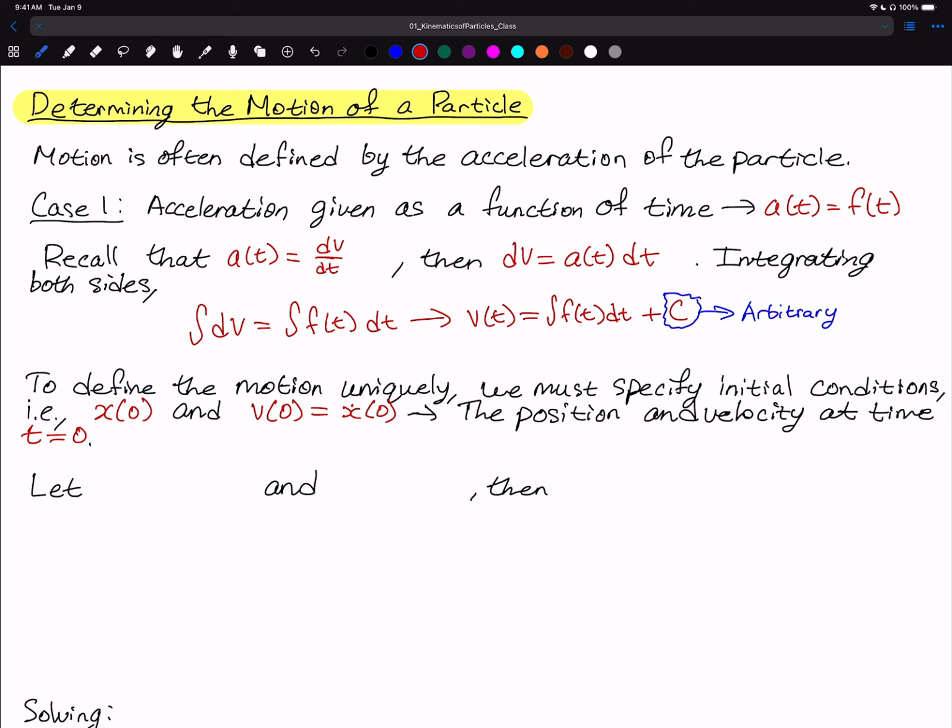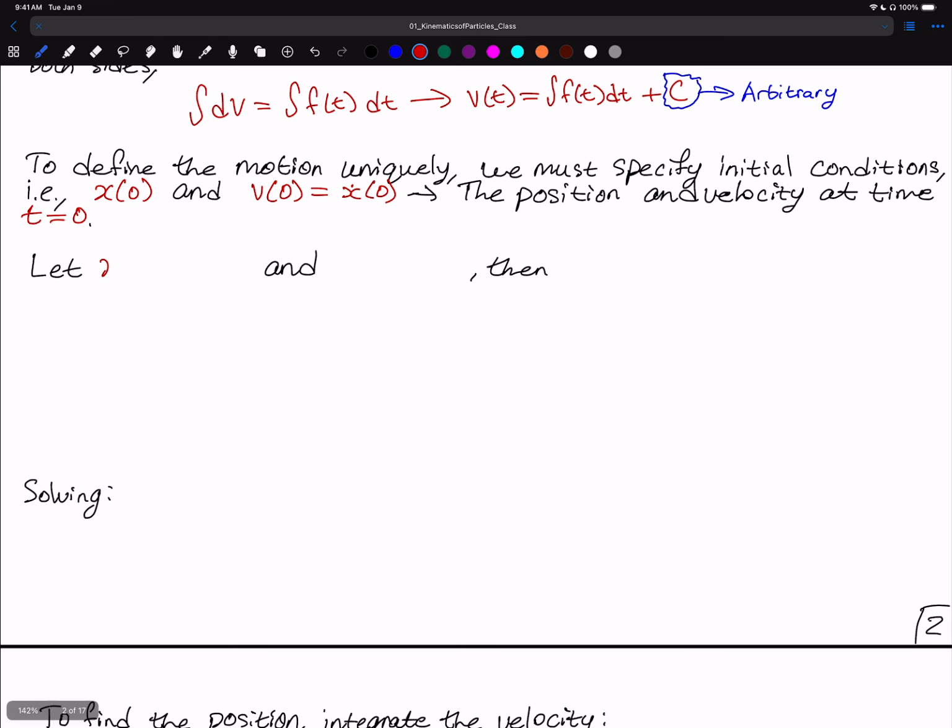To define the motion uniquely, we must specify some initial conditions. That is, what is the position at time 0 and what is the velocity at time 0. So let's let x of 0 equal x sub 0 and v of 0 equal v sub 0.